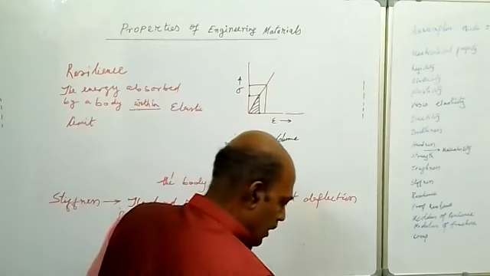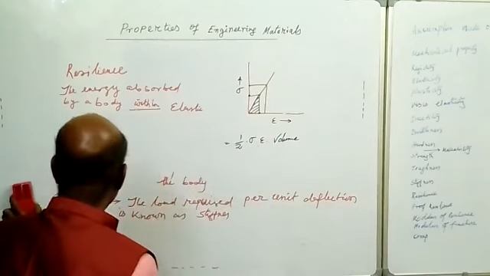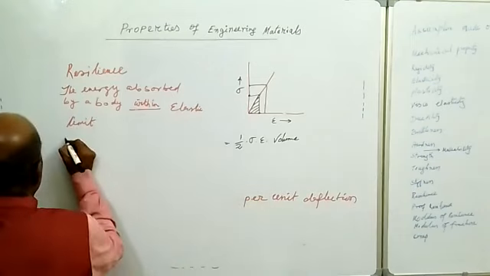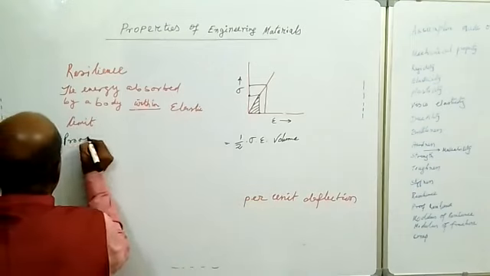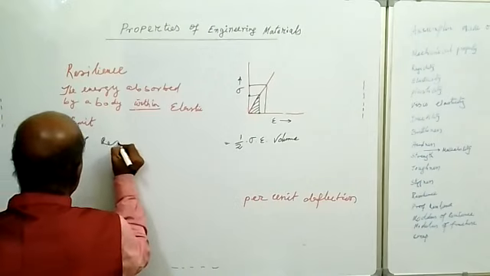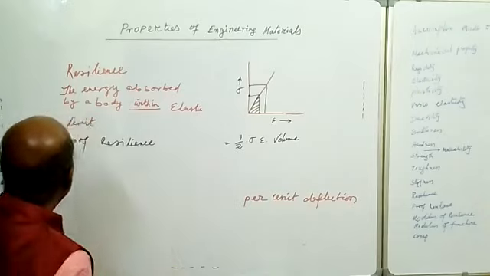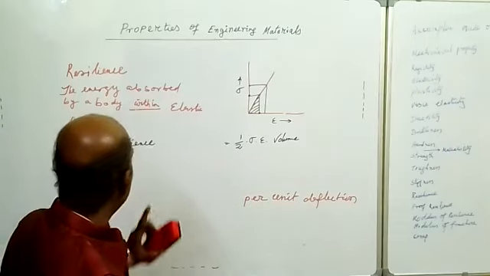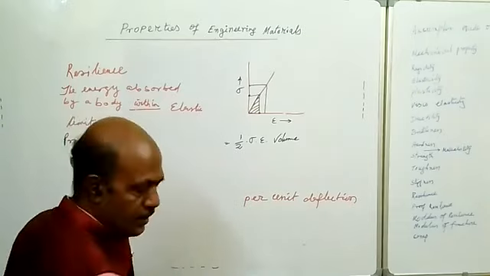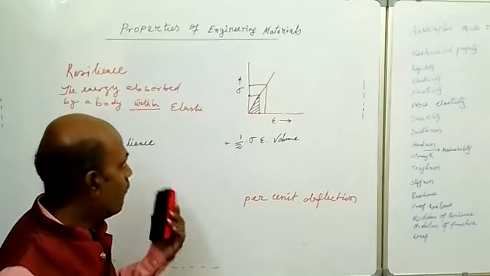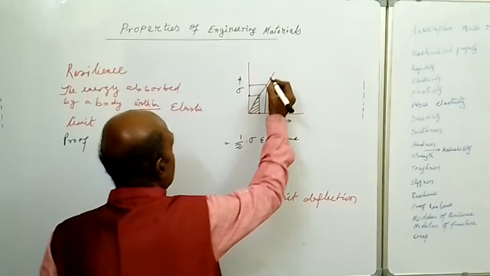Now next is the proof resilience. Proof resilience is the energy absorbed by the body up to elastic limit.